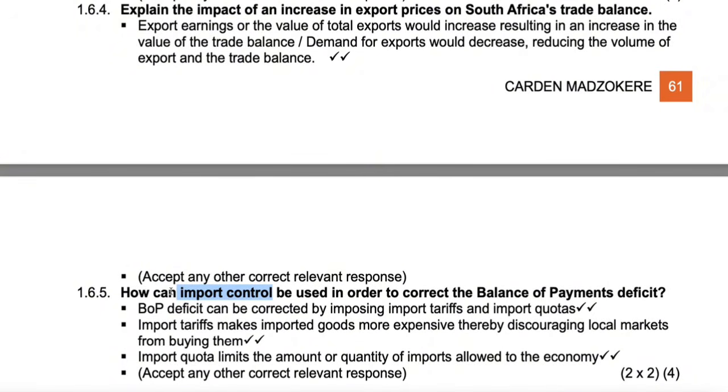So if you talk about something related to import substitution, would you be wrong? Something like subsidizing the production of local goods. I think in a way it would also be acceptable. Here you see it says accept any other relevant response.